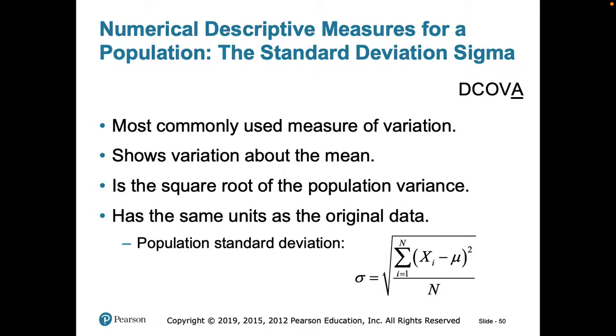One thing to keep in mind is that it has the same unit as the original data. So if you were talking about dollars, you continue to talk about dollars. If you were talking about Celsius or Fahrenheit, or whatever measure you were using, it will be the same units.